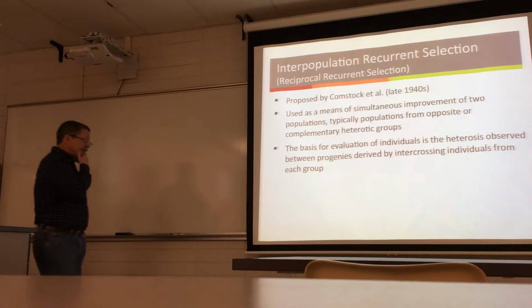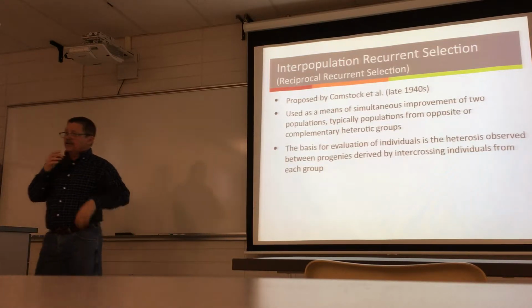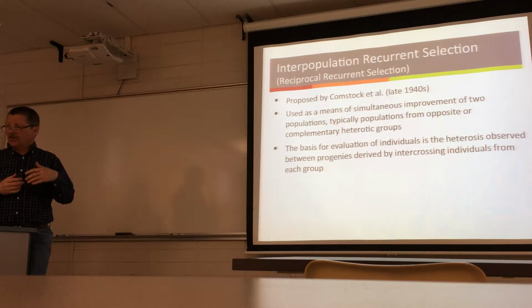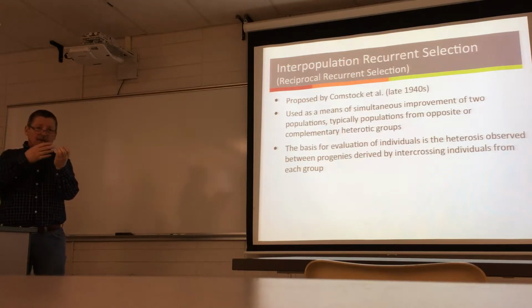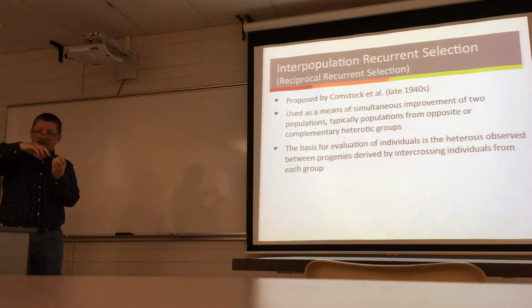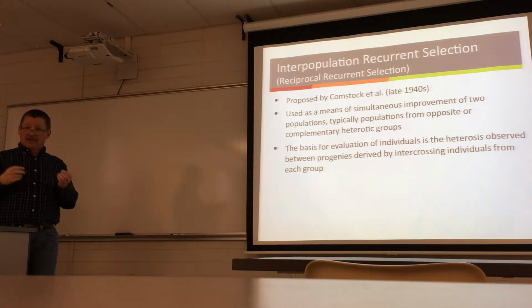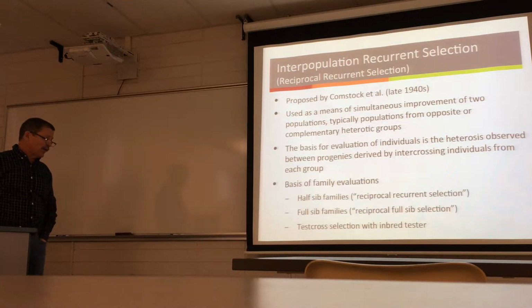So in this, the basis of the evaluation is not, as we talked about with phenotypic recurrent selection or family-based methods, evaluating an individual based on crossing that individual to other individuals in the population. The materials that are crossed are from this other population, and so that's really the basis of the evaluation.